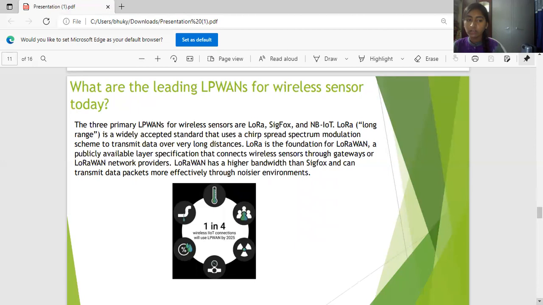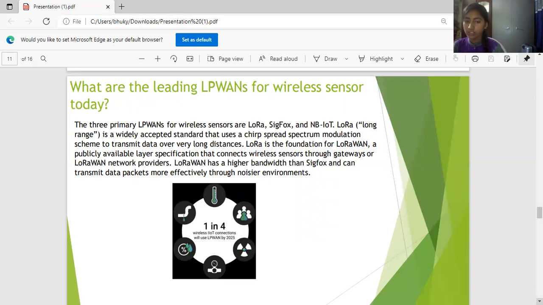The three primary LPWANs for wireless sensors are LoRa, Sigfox, and NB-IoT. LoRa, long range, is a widely accepted standard that uses a chirp spread spectrum modulation scheme to transmit data over very long distances.